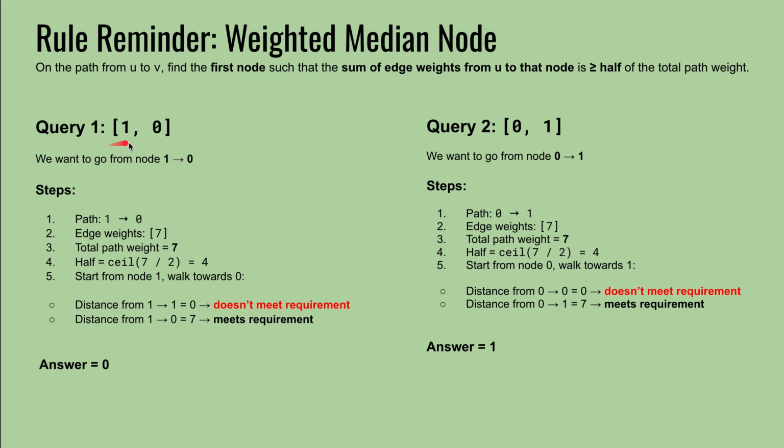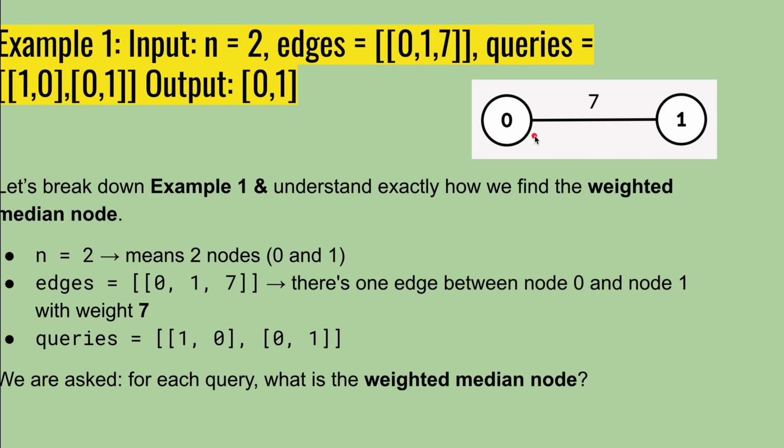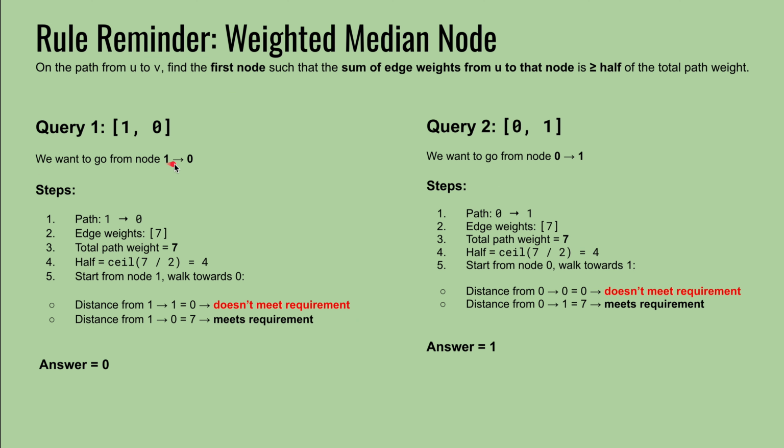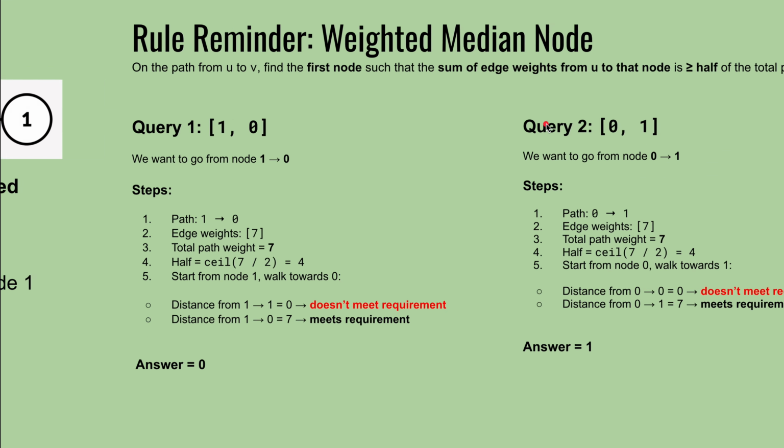We have given two queries, 1 0 and 0 1. Let's suppose we are moving from 1 to 0. The path is 1 to 0, the weight is 7, so the total path is 7. If we take the ceiling value of 7 by 2, 3.5, it will come to 4. So we start from node 1 and walk towards 0.